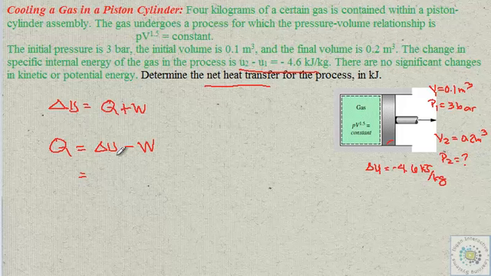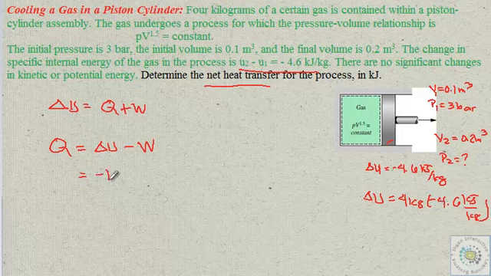Delta U actual, in capital, will just be 4 kilograms times negative 4.6 kilojoule per kilogram. So 4.6 times 4 will be 18.4.